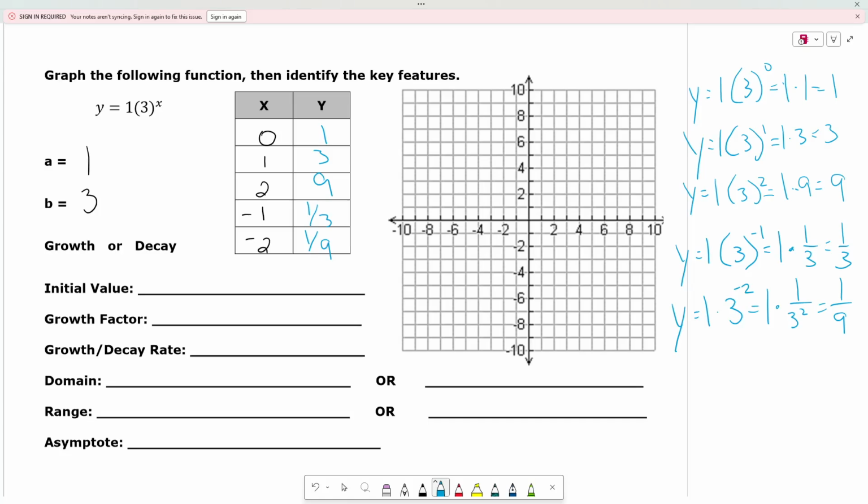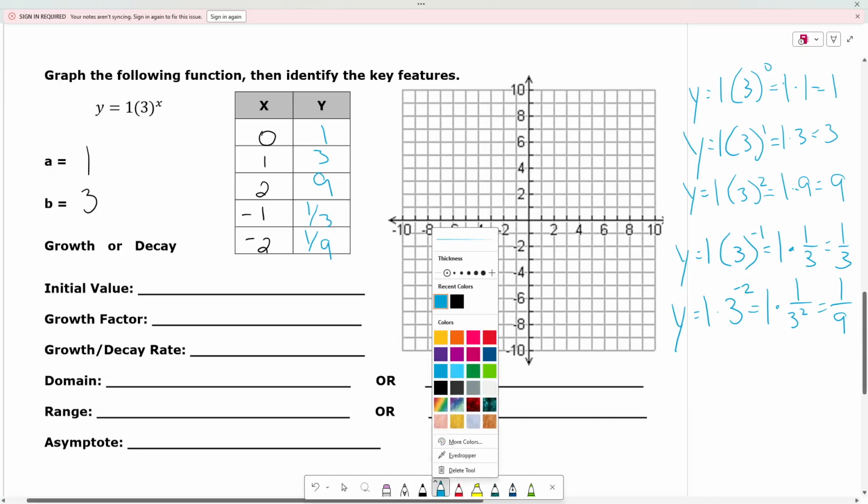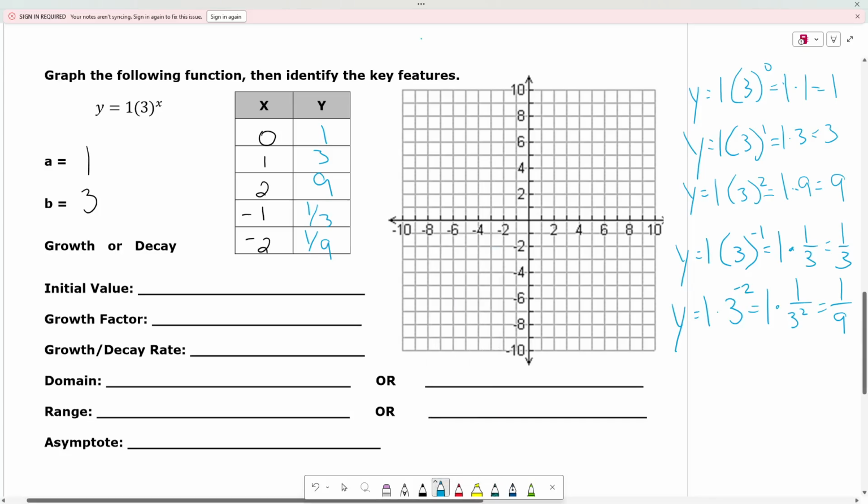Now notice when we go to graph this, I have 0, 1. I'll make my point a little bit larger here so we can see it a little better. Then I have 1, go up 3 places. At 2, I'm going to go up here to 9. At -1, I was at 1/3. Then 1/9.